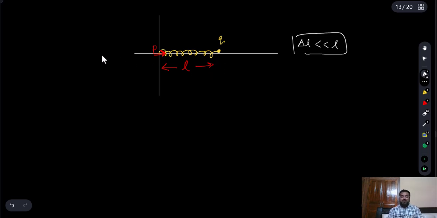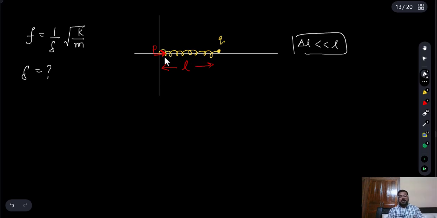So they gave us that the oscillating frequency is 1 over delta times under root k by m and asked what the value of this delta is. This is a very fundamental question. If you apply the things properly, you can easily figure it out. This was the JEE Advanced 2020 question.